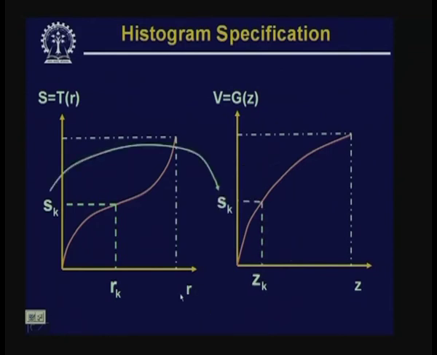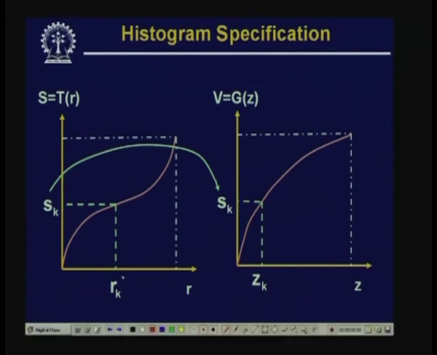So, the process, as per our definition, since we have seen that Vk equal to Sk, is this: for the given image value Rk, we find out the corresponding value Sk by using the transformation S equal to Tr, and once we get this, we set Vk equal to Sk, that is, from the first transformation function we come to the second transformation function. So, we set Vk equal to Sk and then find out Zk in the reverse direction.